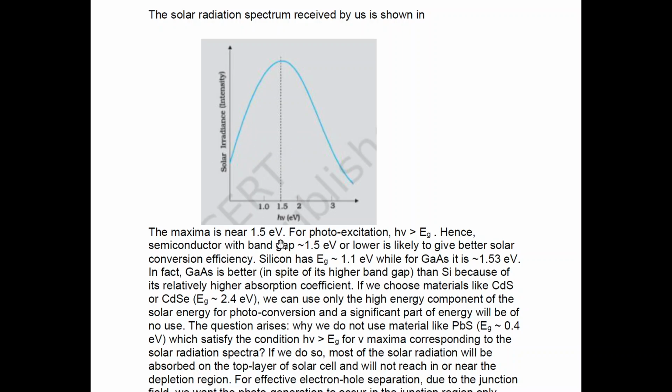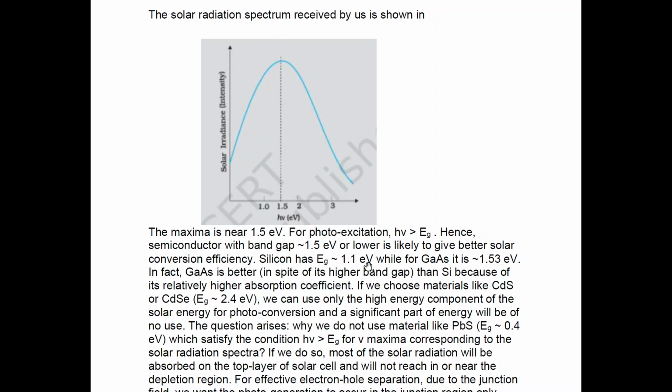Now, for photo excitation, we should have the h nu greater than the band gap. Then only can the electron move between valence band and conduction band, right? So, a semiconductor with a band gap of 1.5 electron volt or lower is likely to give better solar conversion efficiency because the maxima is here.